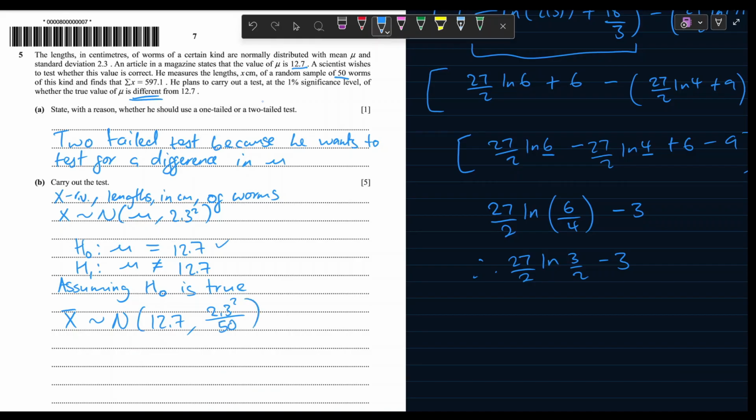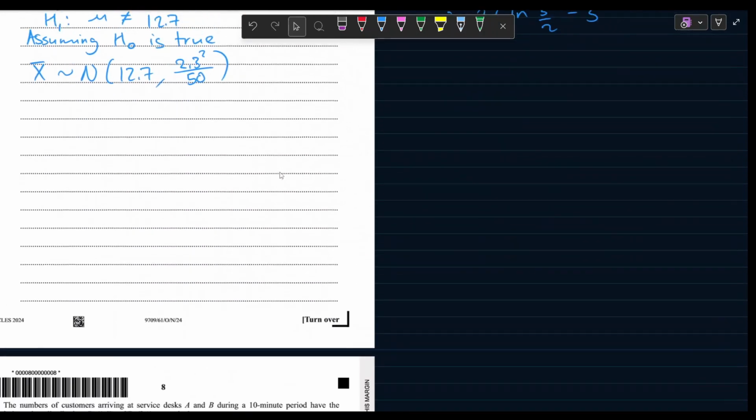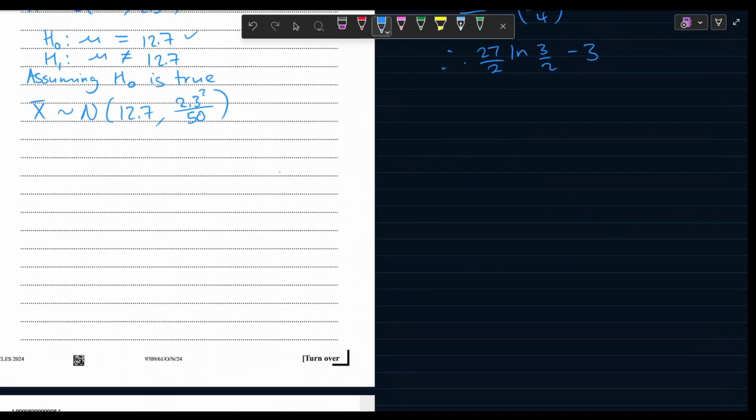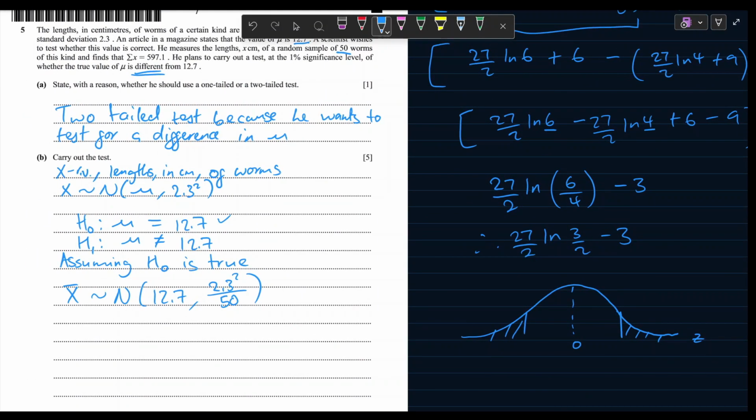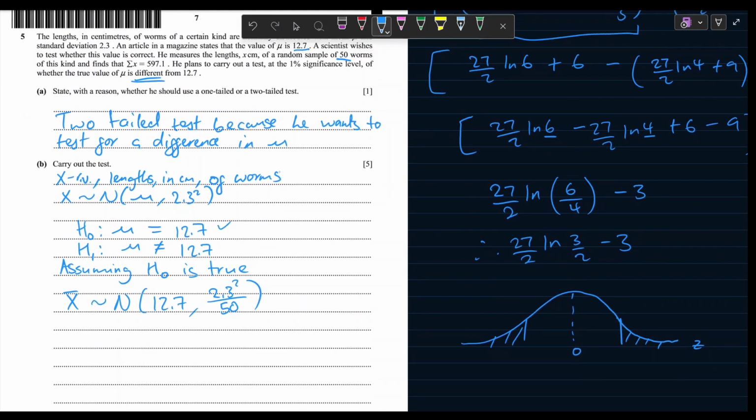All right. And so essentially what we are looking at, let me do it on the side. We've got a bell curve and our zero is going to be here. This is Z. Our zero is going to be there, and we want a two-tailed test. What is our significance level? Our significance level is 1%.